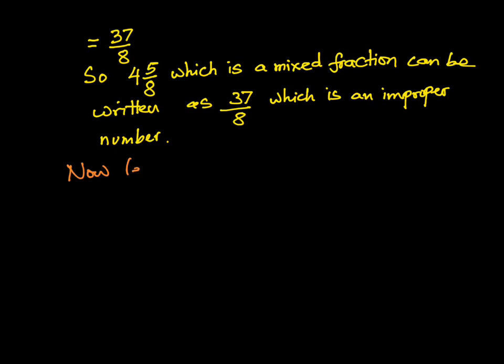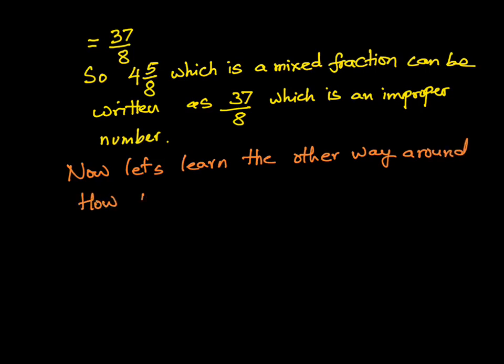All right, so now we're going to do the other way around. How do we change an improper fraction to a mixed number? So how do we do the vice versa? Okay, so for that, there's going to be another procedure. Again, we can do it visually, but we are trying to do the procedure here.